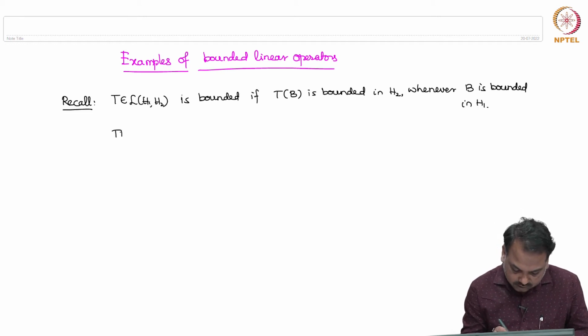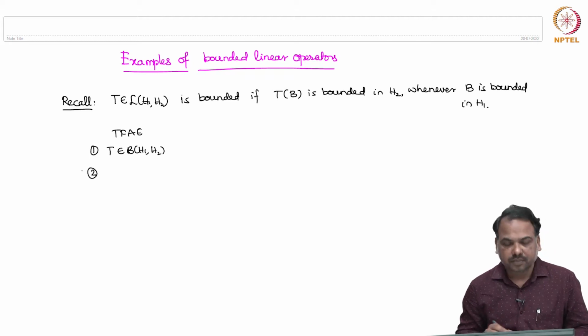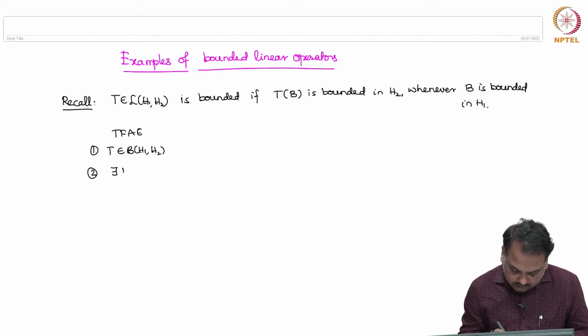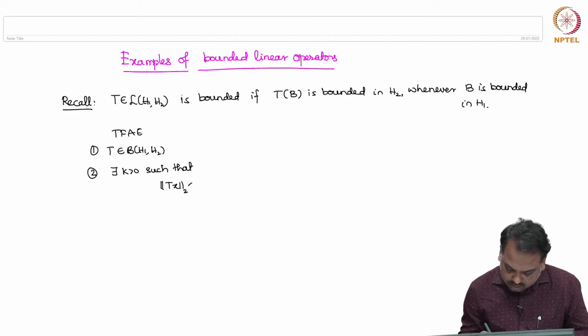So the following are equivalent. The first one is T is bounded. The second is there exists some constant K such that norm Tx in H2 is less than or equal to K times norm x for every x in H1.